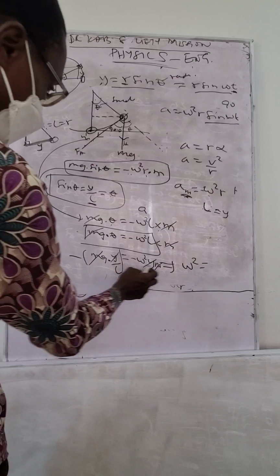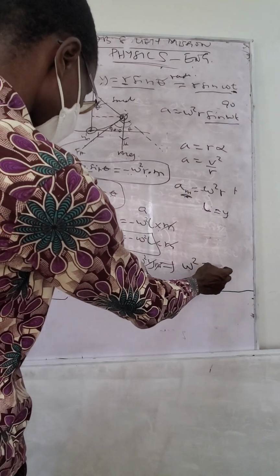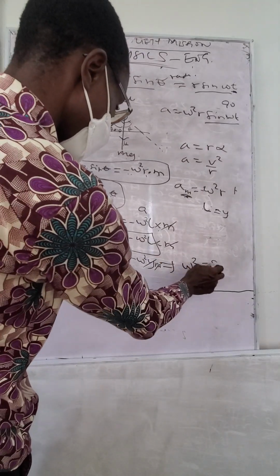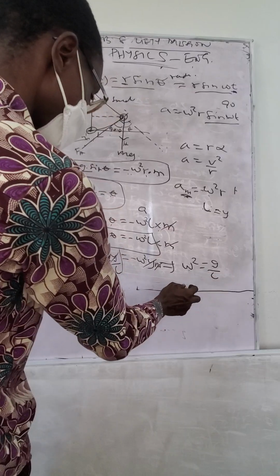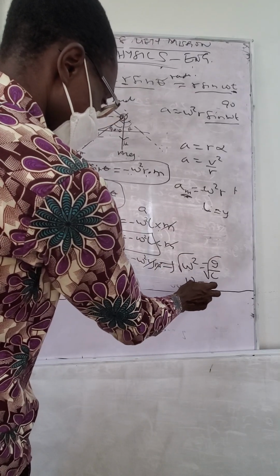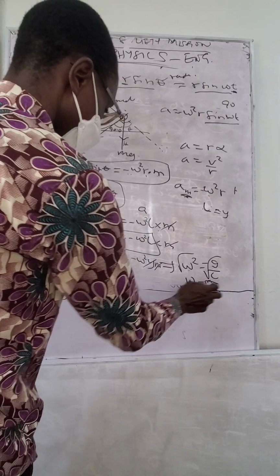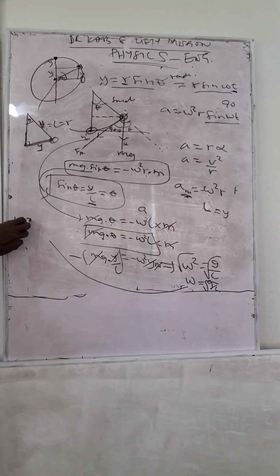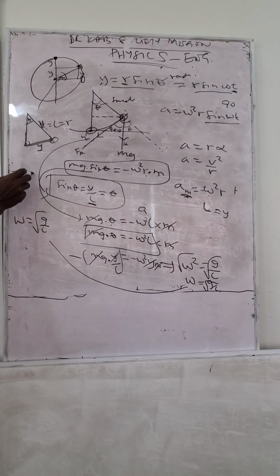So in that case, we're going to have this is equal to g over L. So find the square root of that, omega is equal to square root of g over L. Now from here, what's the relation between omega and the period, the time period? We found an expression for that. We said T is equal to 2 pi over omega.